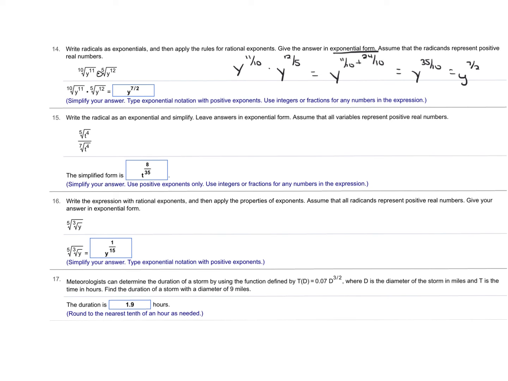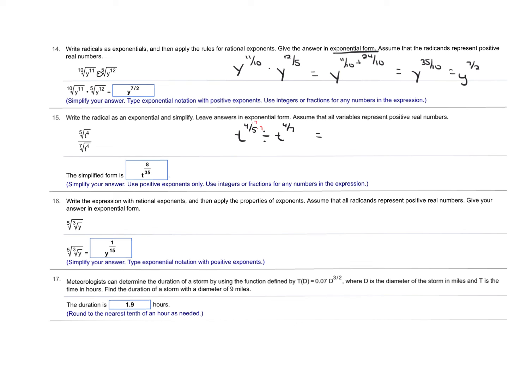On this next problem, I'm going to do it the same way. I've got t to the 4/5 power divided by t to the 4/7 power. I can subtract my exponents, and a common denominator would be 35.